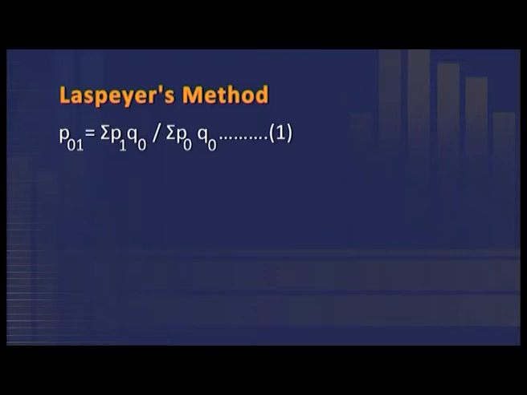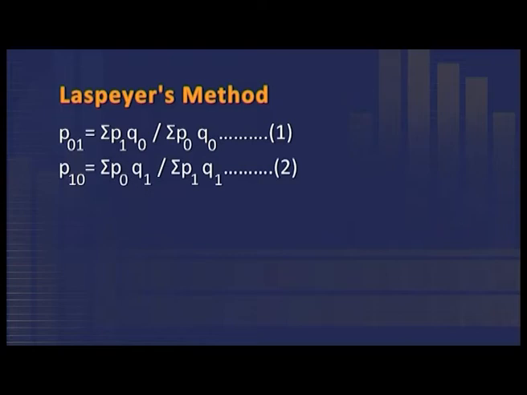Now, when we apply the concept of time reversal, P01 is equal to the summation of P1Q0 divided by summation P0Q0, which is same as equation 1, and P10 is equal to summation of P0Q1 divided by summation P1Q1, denoted in equation 2.